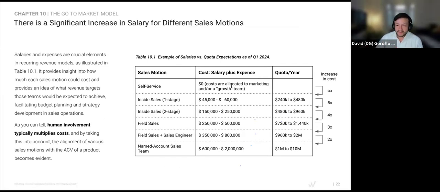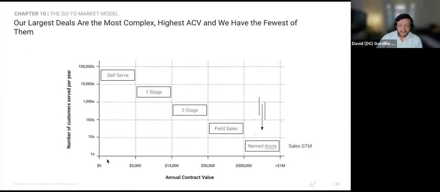For instance, whenever we are moving from one stage to two stage, normally that is costing about 5 times more because we're including SDRs already. Sometimes we have sales engineers as well that are doing the demos and so on and so forth. So rule of thumb, whenever you're moving from the left to the right, each jump between sales motions will cost you between 2 to 5 times more to execute.